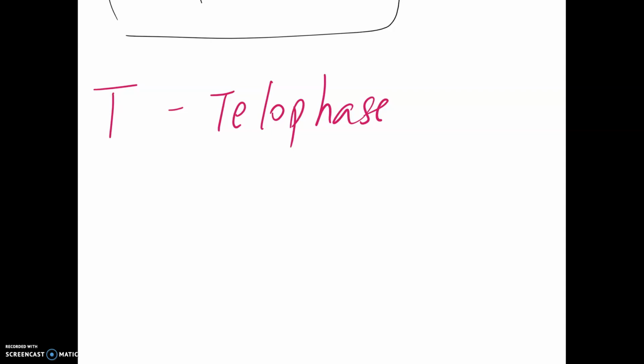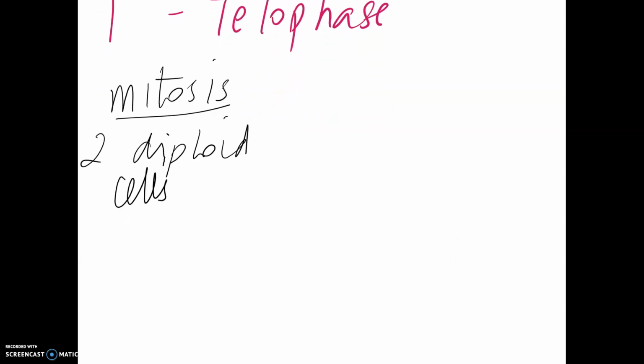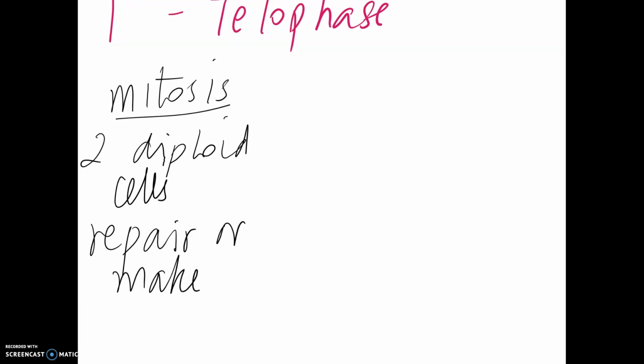In the end, if you're doing mitosis, you get 2 diploid cells, and they're used to repair or make new cells.